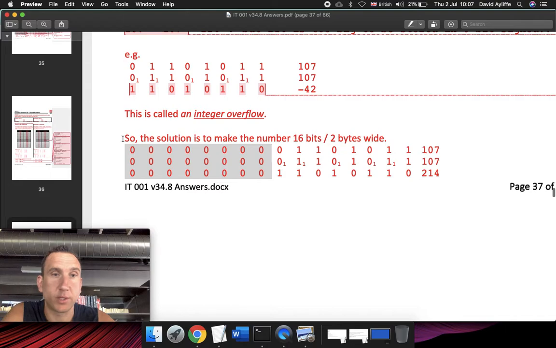So what's the solution? Well, the solution is to make the number 16 bits wide, or 2 bytes wide. So this is byte 1, and this is byte 2. Again, 107 plus 107.